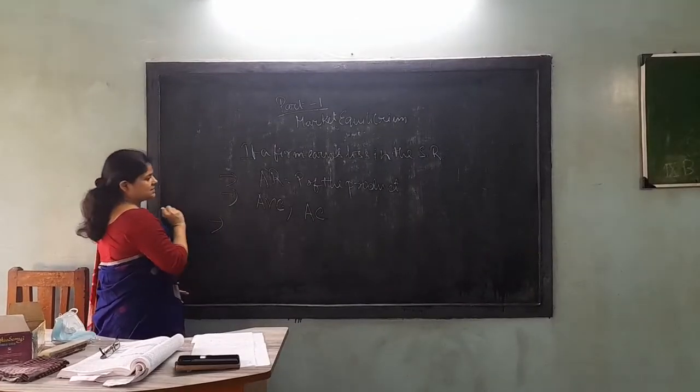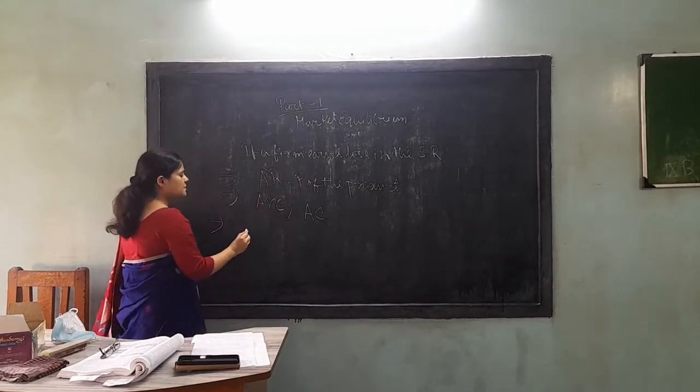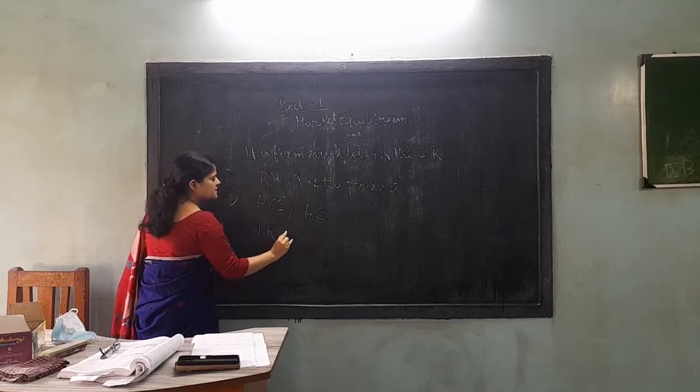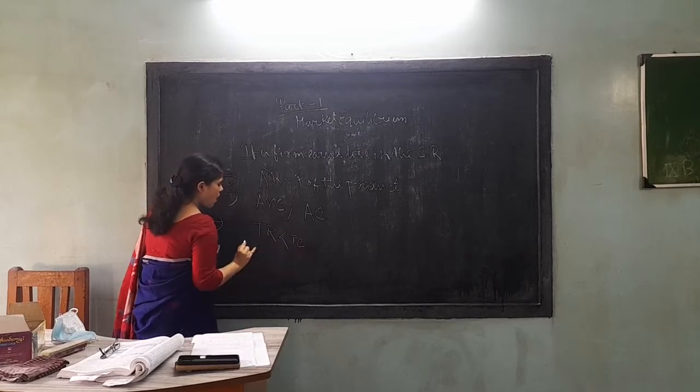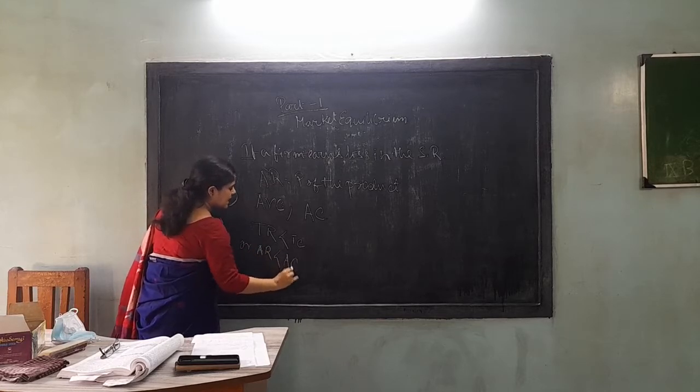Now if the firm earns loss, what is the meaning? If the firm earns loss, it means TR is less than TC, or AR is less than AC.